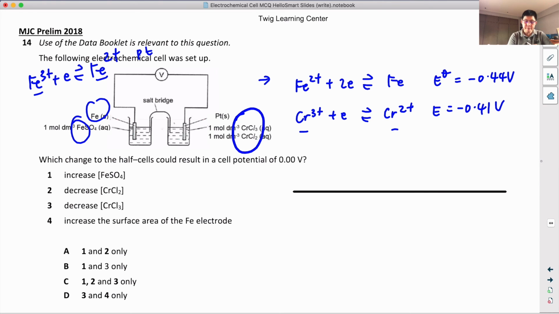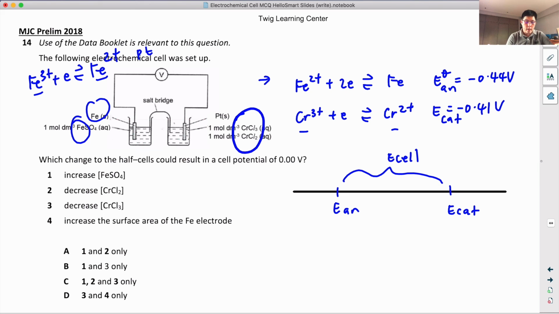The more positive one will undergo reduction. So this is the more positive one, this is my E cathode and this is my E anode. I'm going to write down here, this is E cathode and this is E anode, and this is my E cell over here.